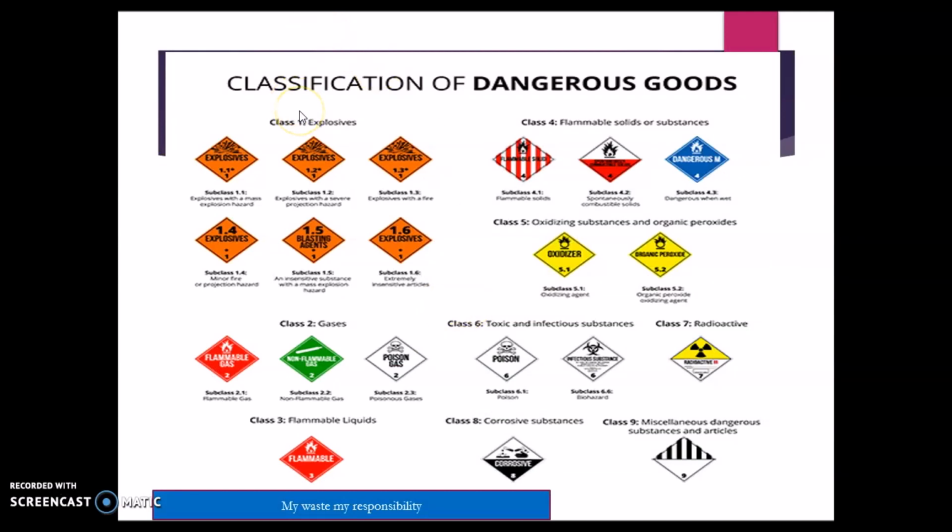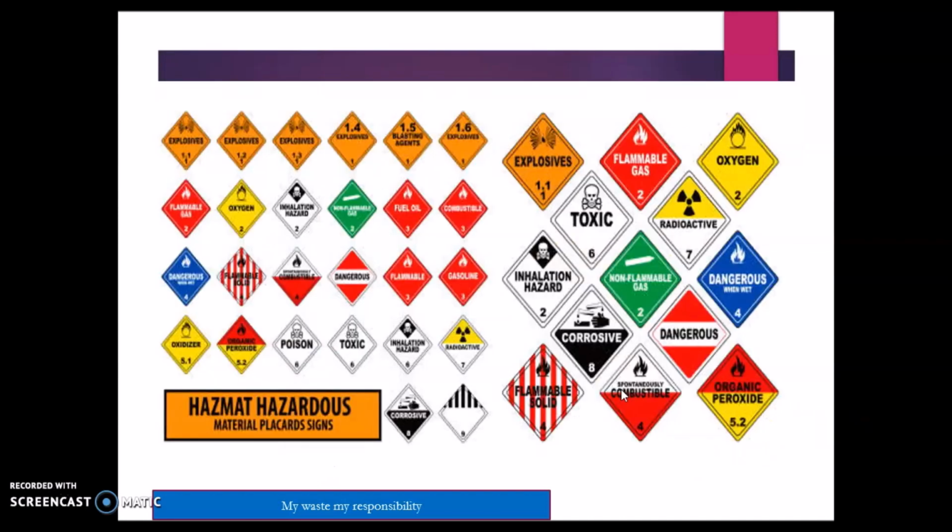Starting from explosives to flammable gases, to flammable liquids and flammable solids, to oxidizing substances, to organic peroxides, toxic and infectious waste. Second is radioactive waste, and corrosive substances or miscellaneous dangerous substances or articles. So these are the different symbols utilized in biomedical waste and biohazardous waste management systems.